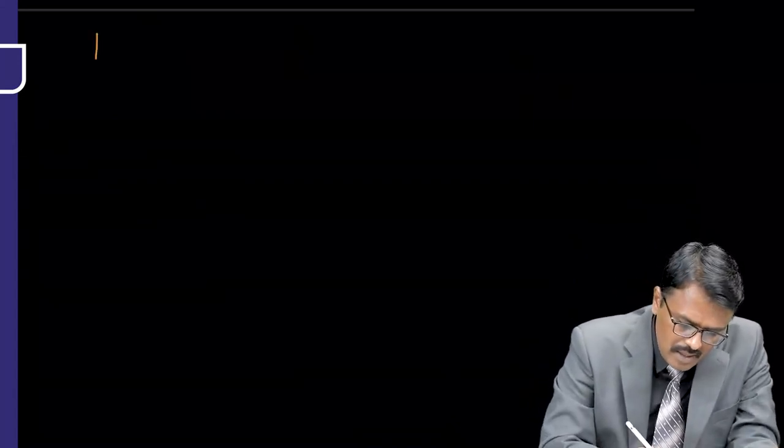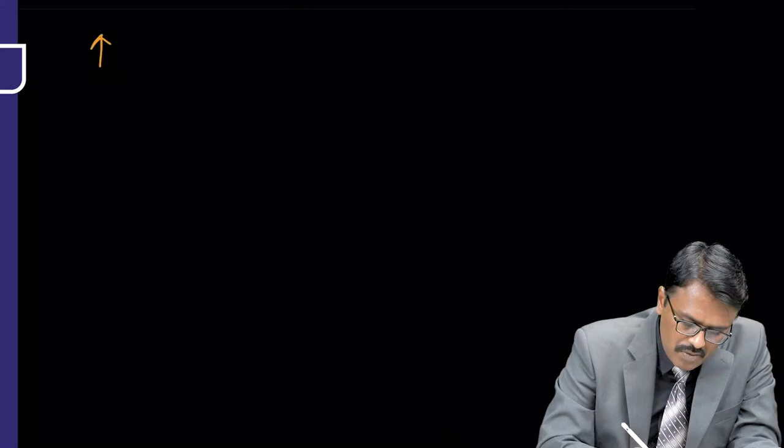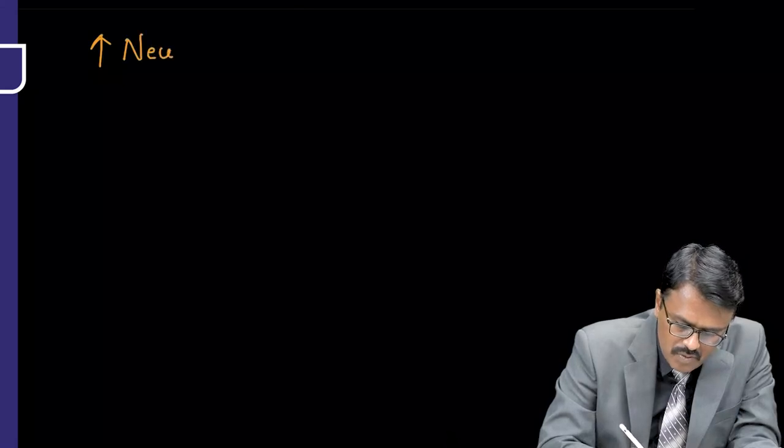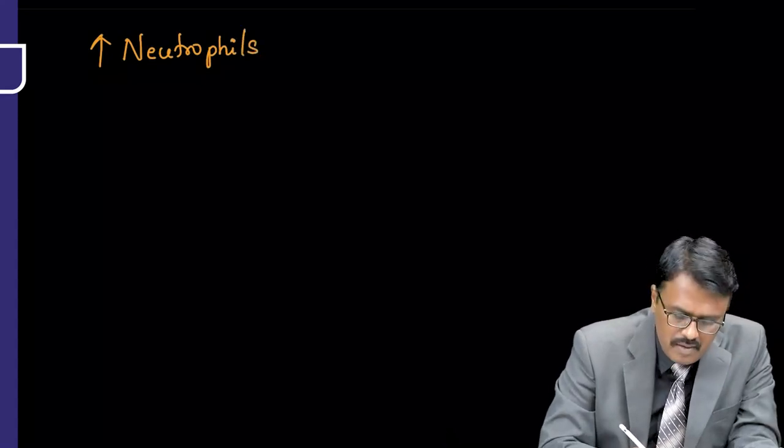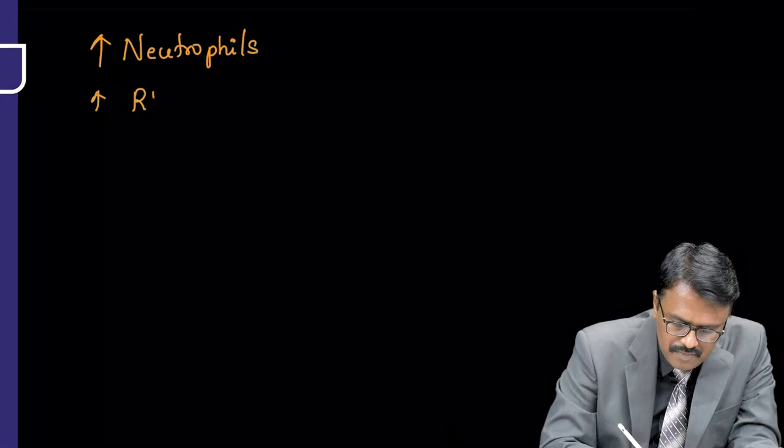Along with that, what about the other cells? You told T cells, B cells. What about the other cells? They are known to increase the neutrophils. They are known to increase RBC.